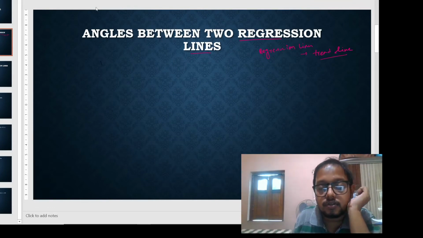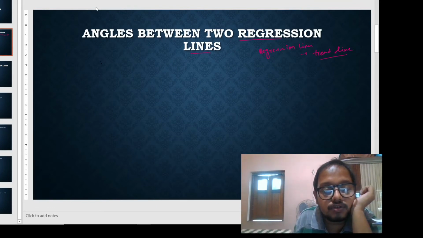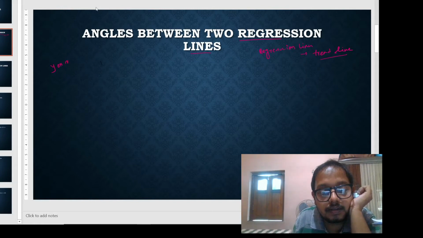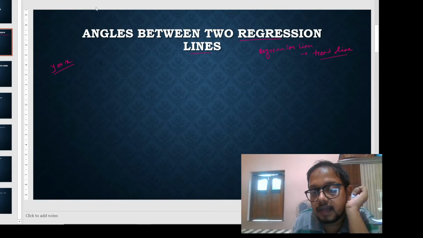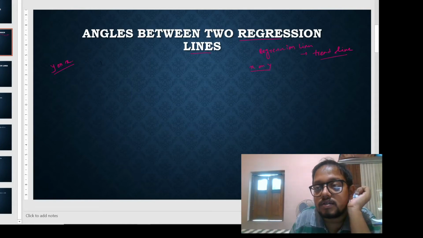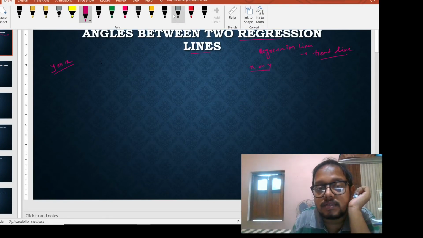Basically we know that there are two types of regression lines: y on x and x on y.